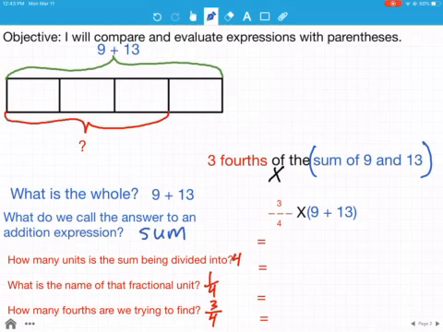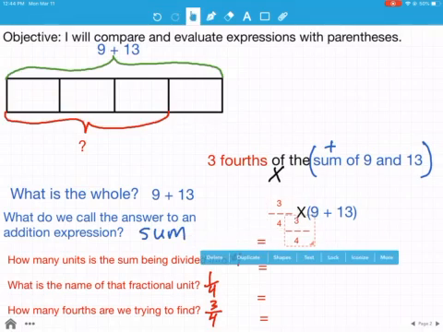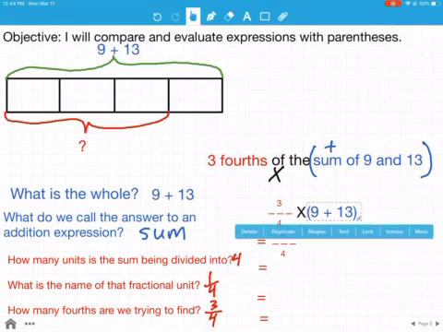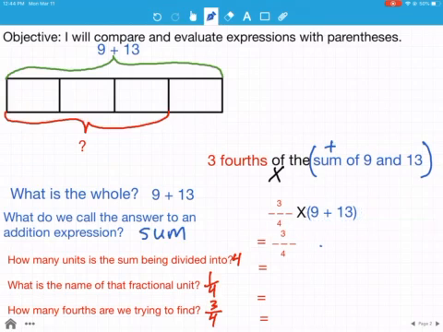We have to do the addition to find the whole. All right, so now our problem is 3/4 and 9 plus 13 will give us 22.